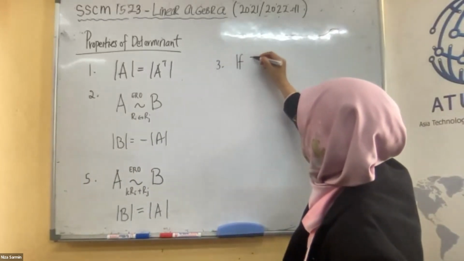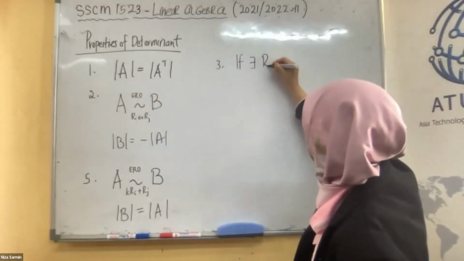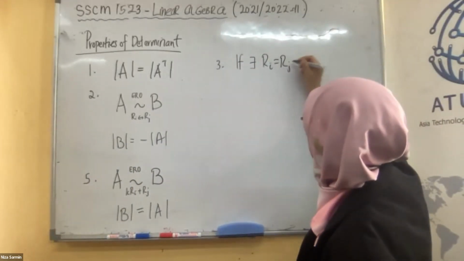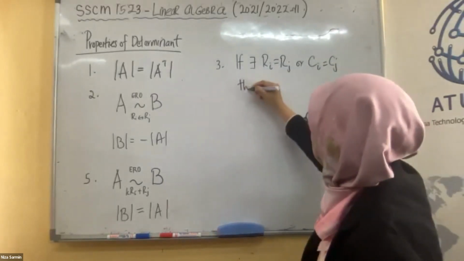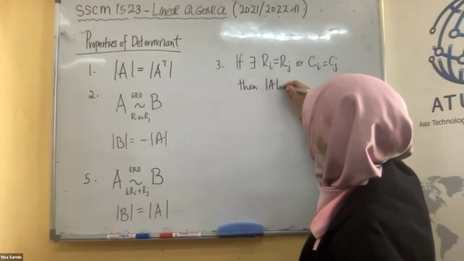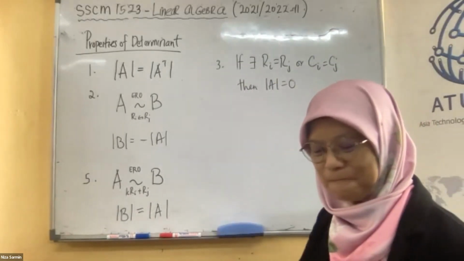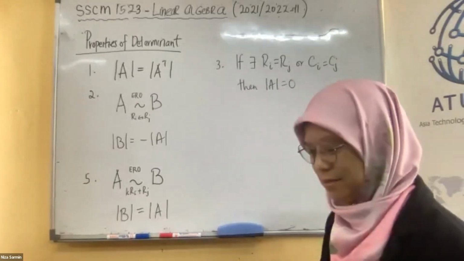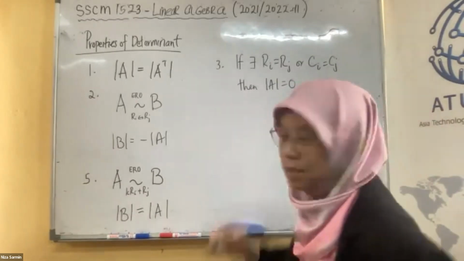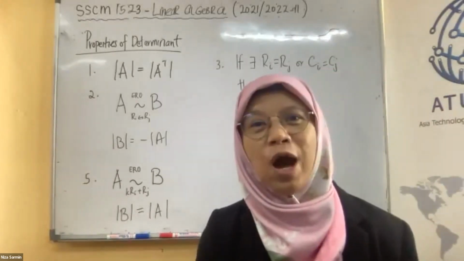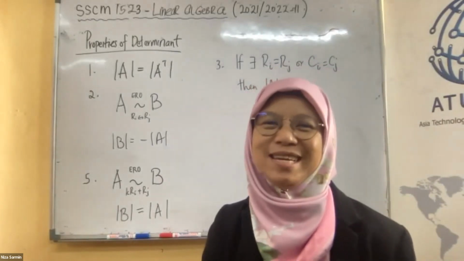If they exist the same row or the same column, then the determinant is 0. Okay. For example, that's why I said I can give you a 100 by 100 matrix, and you can find the determinant.